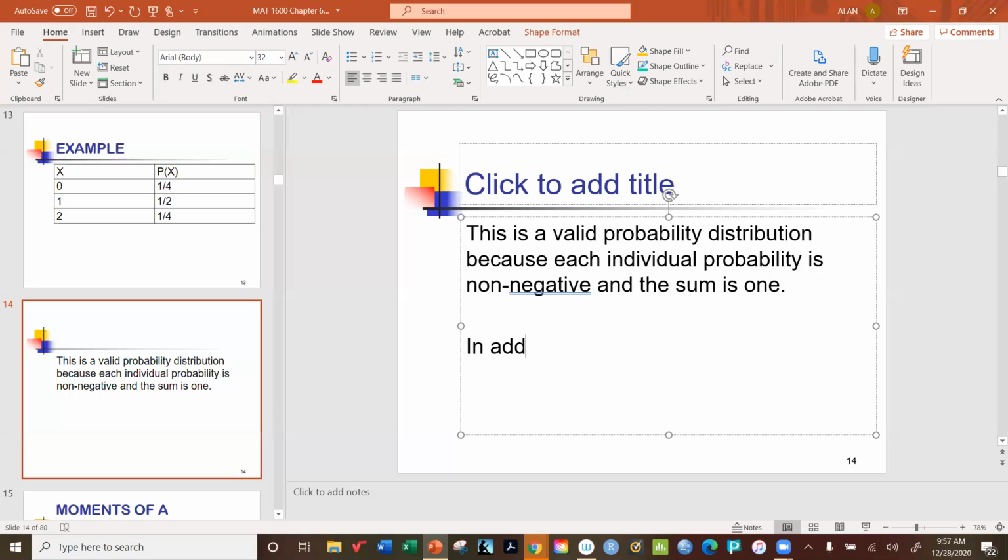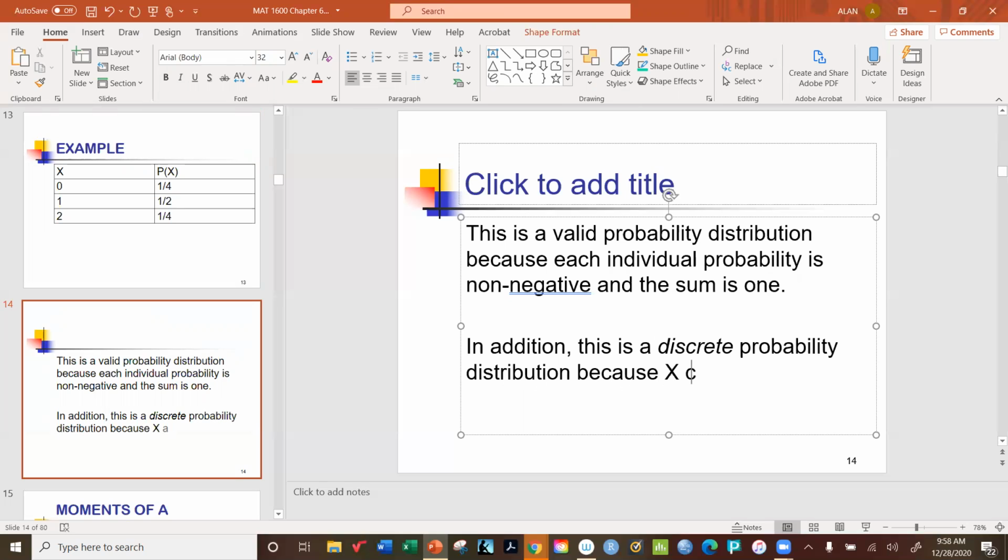In addition, this is a discrete distribution because X can only assume a finite number of different values.